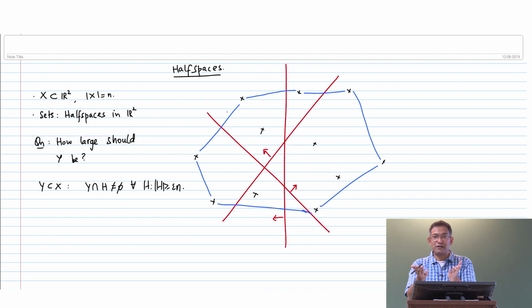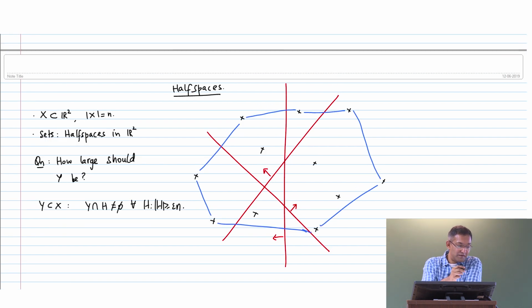You construct the convex hull. The half space cannot contain a point without intersecting the convex hull. Okay, fine. So the convex hull seems like a reasonable thing to build. Fine. So you have a convex hull, but we are not interested in half spaces like this that contain 1 point. The thing should chop off a large fraction.